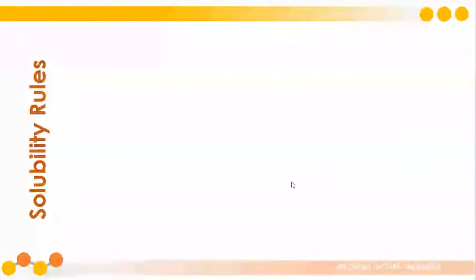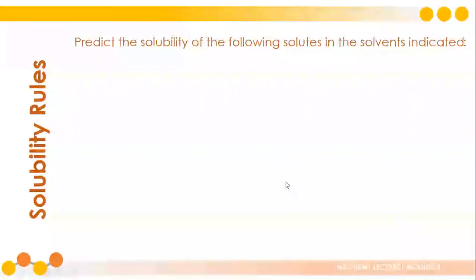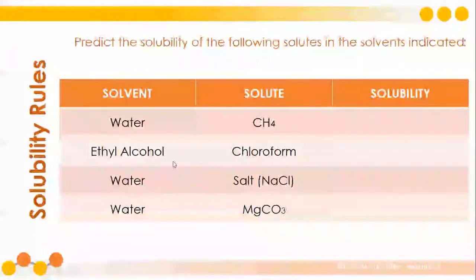Let's put these rules into practice. Let's predict the solubility of the following solutes in the solvents indicated. Let's take a look at this table wherein different solvents and solutes are shown. We will be predicting the solubility by putting if it's soluble or insoluble. First, we have water and CH4 or methane gas.